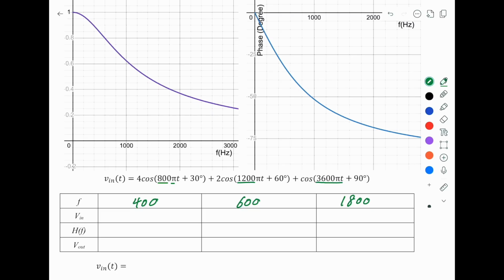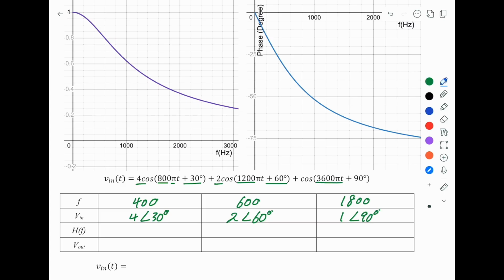Second, we write the amplitude and the phase. It means the phasor for each component or each frequency. So the first is 4 positive 30 degree. The second term 2 positive 60. The last term 1 positive 90 degree.